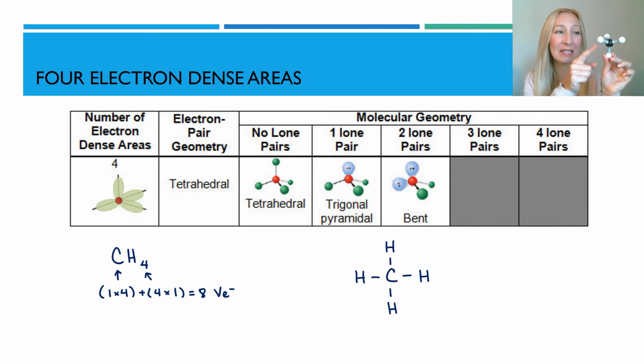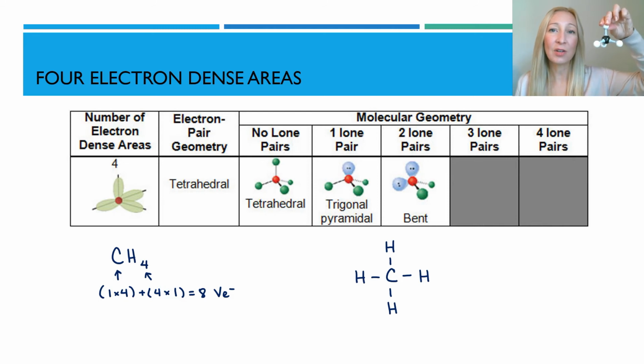That is the bond angle in this molecule. Now we have no lone pairs on the central atom, and we have 4 regions of electron density. So our electron pair geometry is called tetrahedral, and because we have no lone pairs on the central atom, our molecular geometry is also tetrahedral.